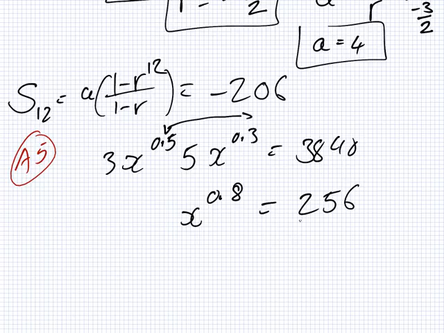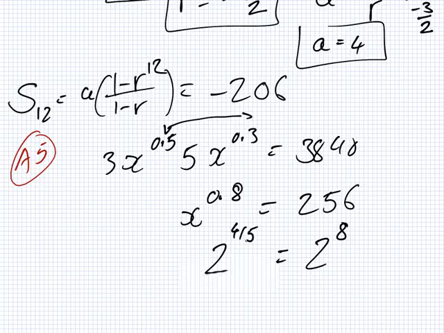You could do log if you wanted to, but there is something else you could do. Change 1024 to 2, 4, 8, 16, 32, 64, 128, and so on. And this here would be 2 to the power 4 over 5.